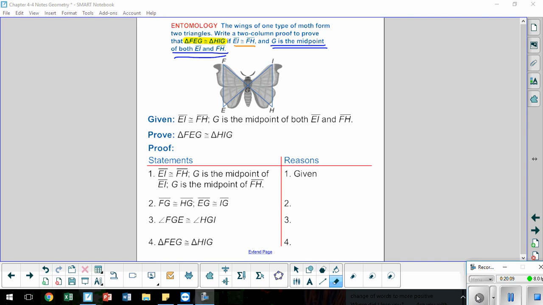Okay, so with this problem, they're giving us a given. Like all the other problems, and you can see it's in your life. So here's one triangle. And here is the other. So those are what we're trying to do.